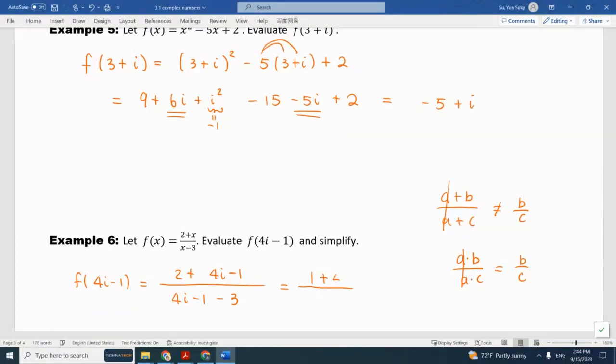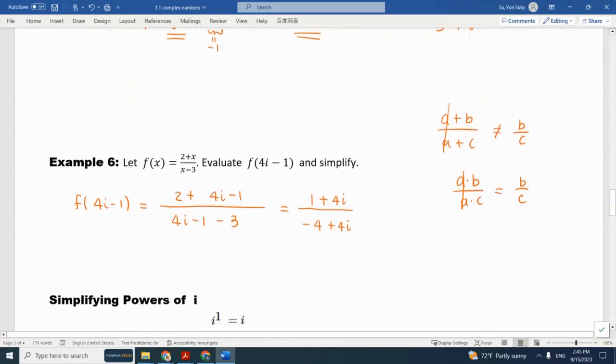And then plus 4i, right? Denominator, -4 plus 4i, right, everybody? Question, can we cancel the 4i? No, we cannot cancel the 4i.